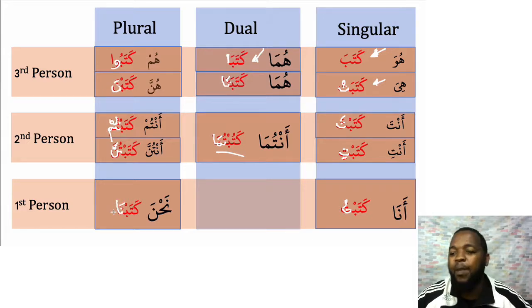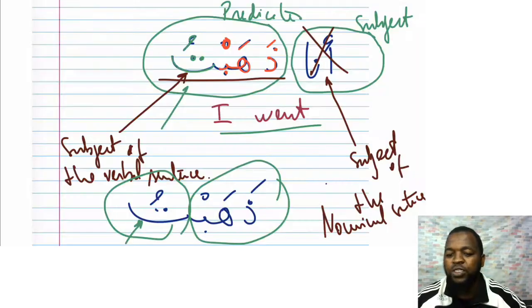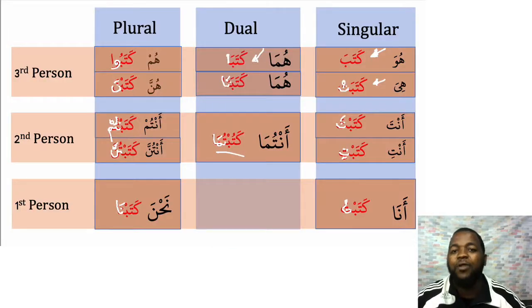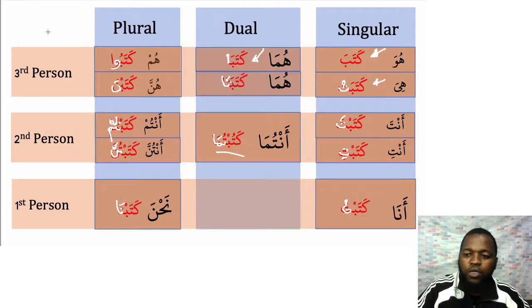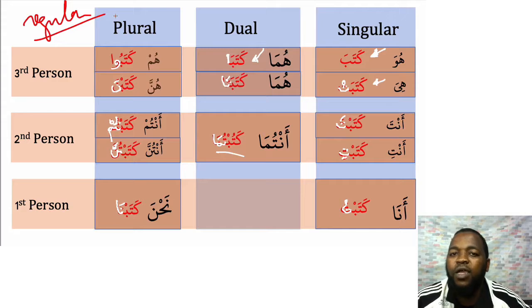Now, to finish this lesson, and also so you can practice, this is how you conjugate verbs in past tense in Arabic. Here we are talking about regular verbs. There are also irregular verbs that we'll talk about next level.